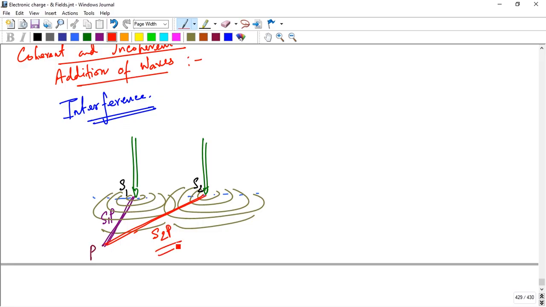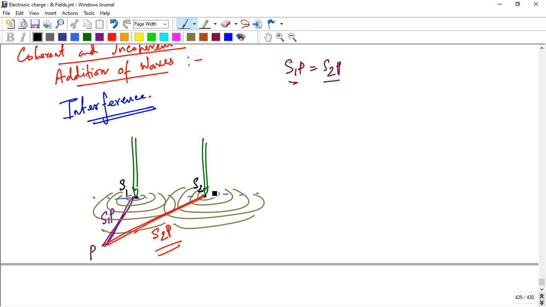If these two distances are the same, S1P equals S2P, then these two needle sources, S1 and S2, are two points.